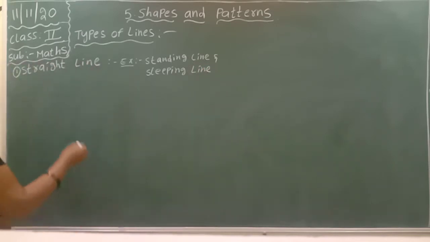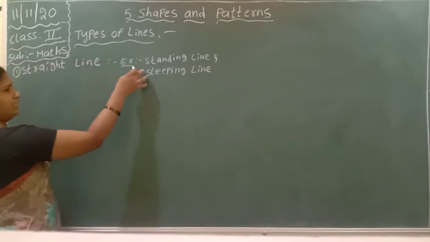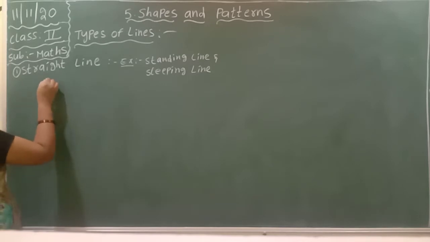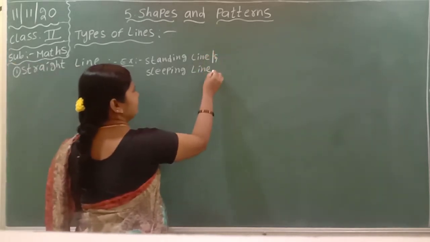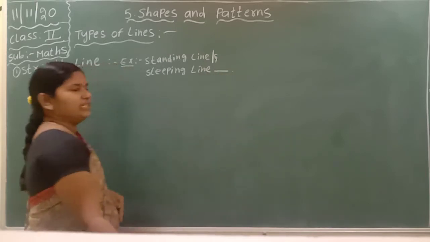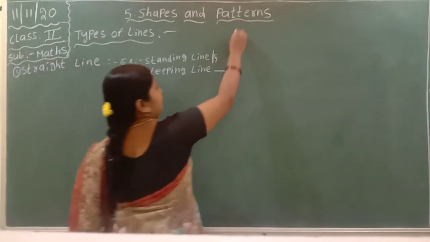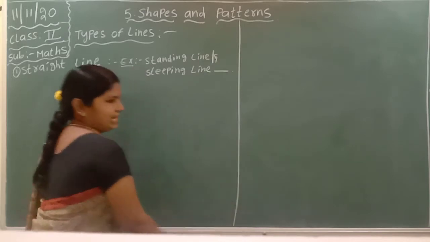Straight lines have two types, standing line and sleeping line. Standing line means like this, straight. Sleeping line means like this. These are known as standing lines and sleeping lines.